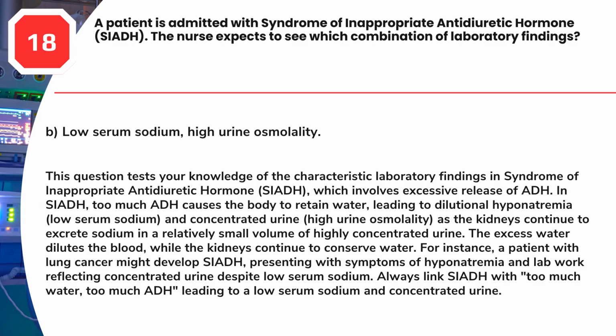The excess water dilutes the blood, while the kidneys continue to conserve water. For instance, a patient with lung cancer might develop SIADH, presenting with symptoms of hyponatremia and lab work reflecting concentrated urine despite low serum sodium. Always link SIAD with too much water, too much ADH leading to a low serum sodium and concentrated urine.